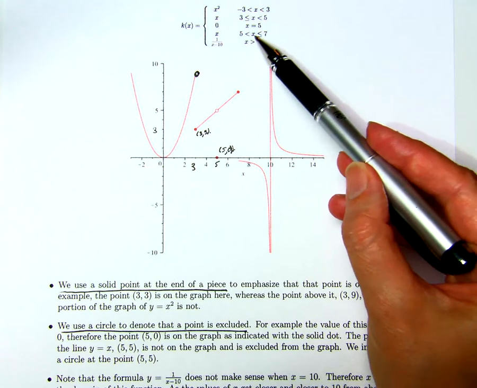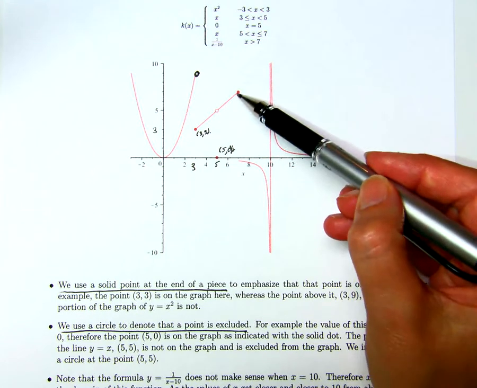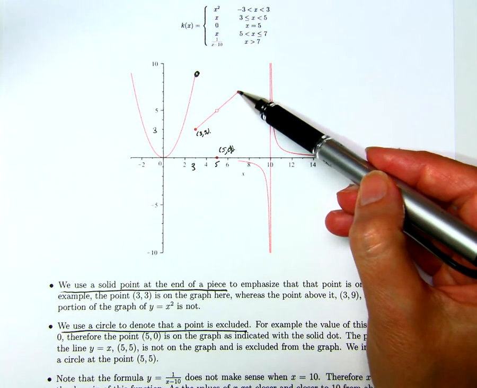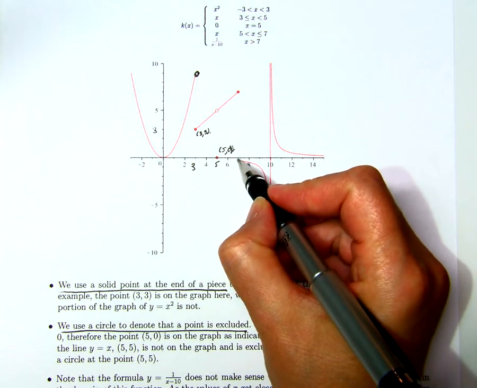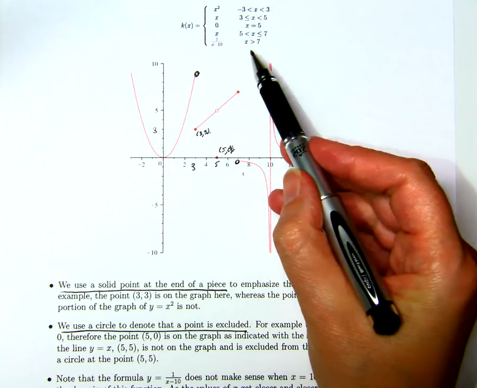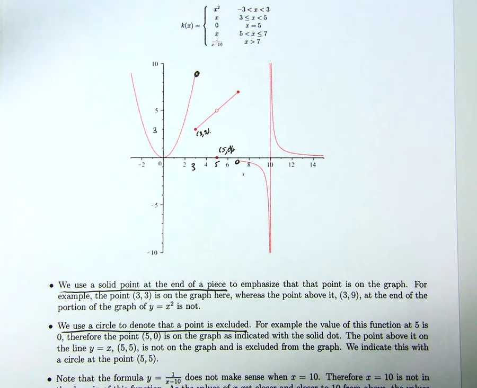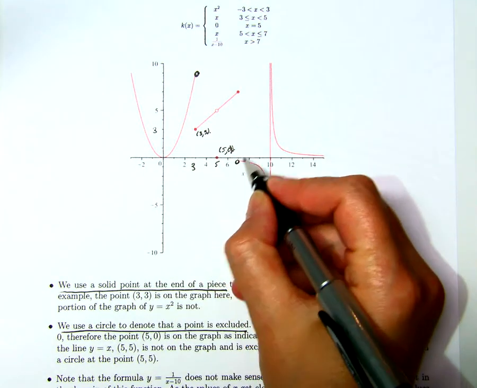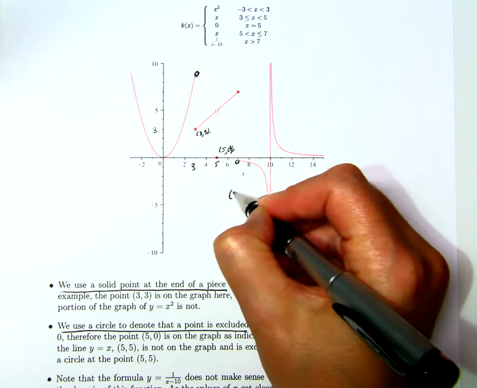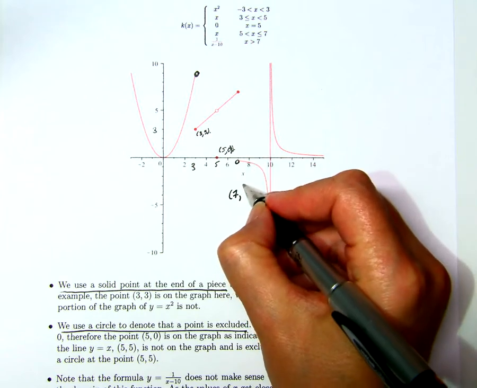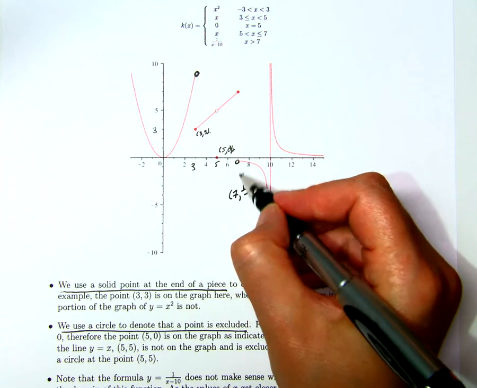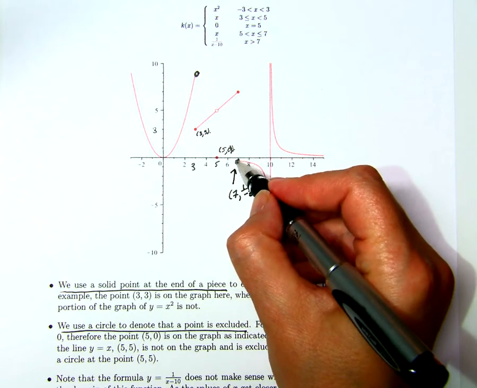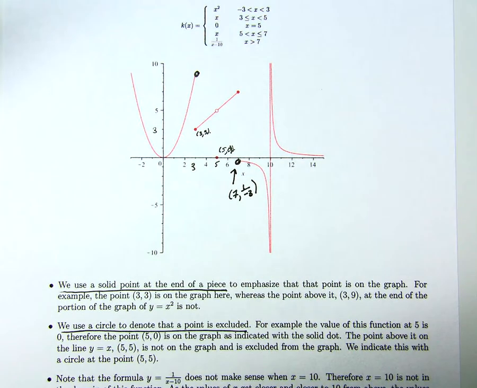And also, because the point 7, 7 is on the graph, we use a solid dot here, and then the graph turns into the graph of 1 over x minus 10, so the point 7, 1 over minus 3 or minus 1 over 3 here is not on the graph, and we might put a circle there to indicate that.